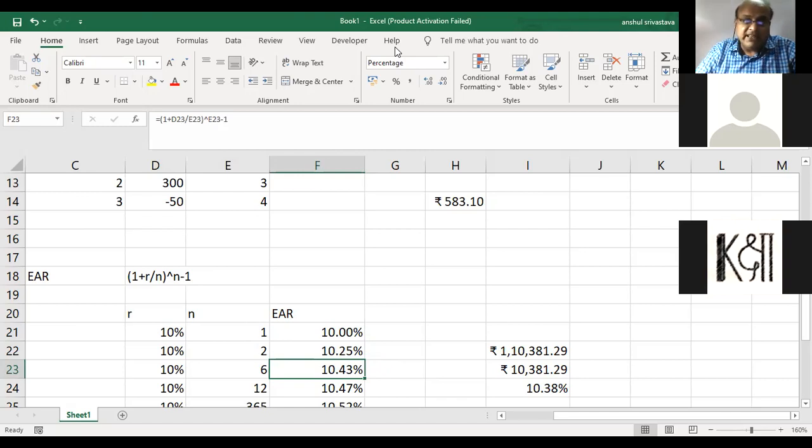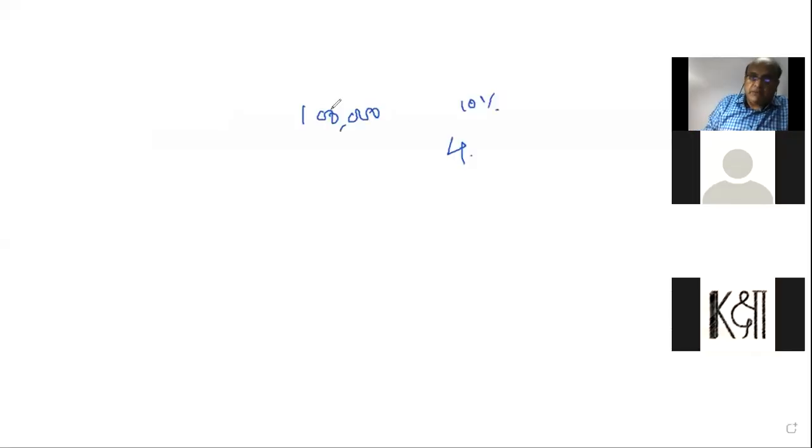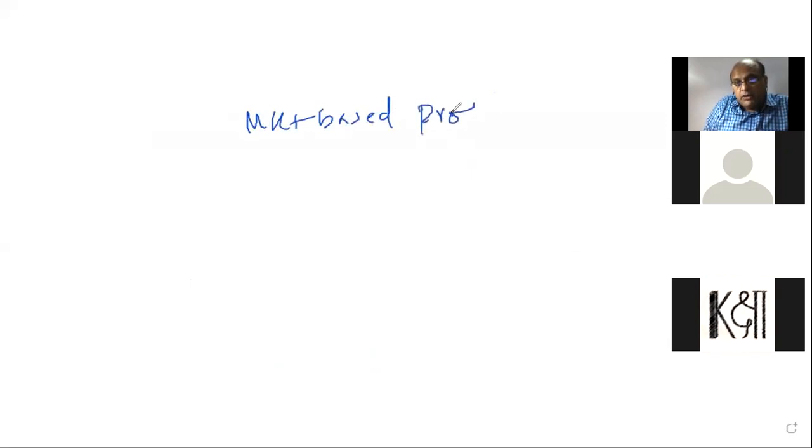But when we are dealing with a market-based product, just remember, write down this formula. For market-based products where the frequency of compounding is not defined, the product is market based, so monthly rate, monthly nominal, if I am assuming a return of 12%, 12% is my annual rate.